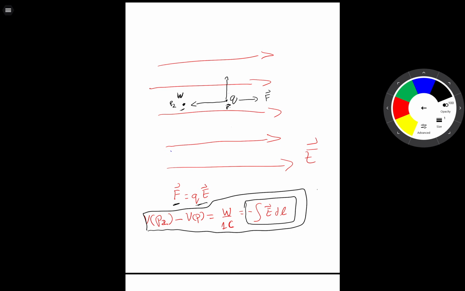So this is what potential is. Now, we already talked about how the electric field will not depend on the vertical component, because the electric field is acting on the horizontal component. So moving this charge from here to this point will require no work. There will be no work done, and the potential would be the same.